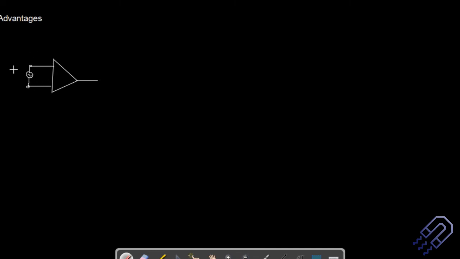Now you see there is a difference between these two values at these two ends. So let's say this will have a voltage of Vin1, and this will have a voltage of Vin2. These are the two inputs that we have. Then there will definitely be some noise.